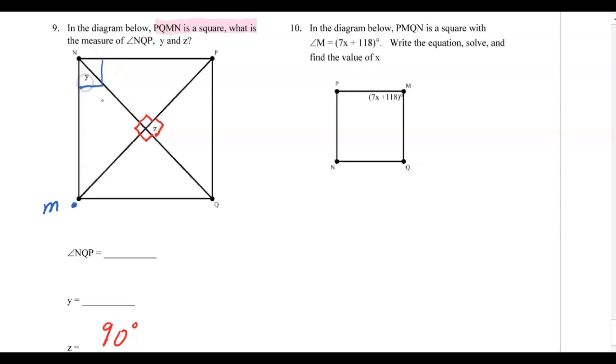We know that's 90 degrees, and since that diagonal cuts that angle in half, we know y is 45 degrees. And then the other angle I want is angle NQP, and I like to trace it. NQP is this yellow angle, and that's also 45 degrees.